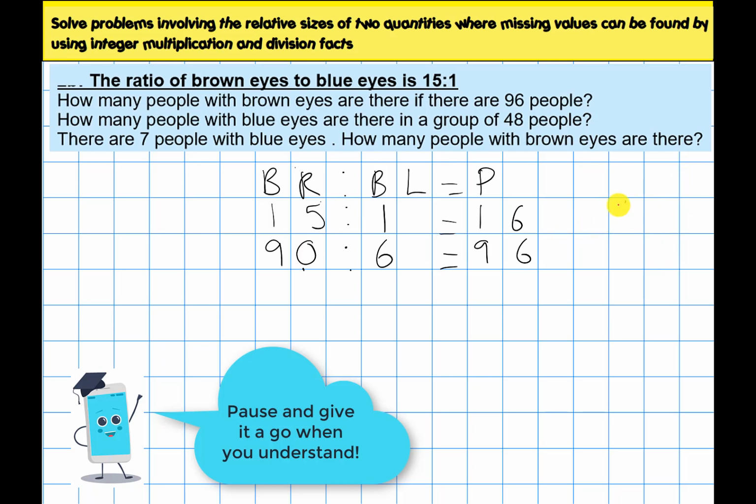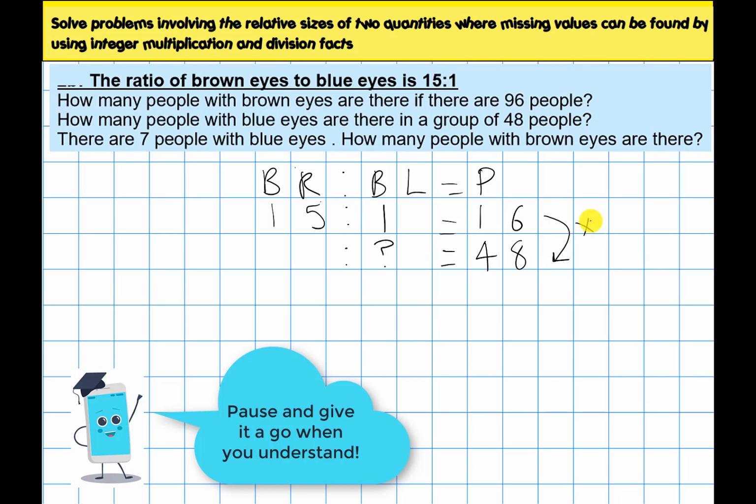Let's look at the next question. Remember to pause when you feel like you want to give something a go by yourself. How many people with blue eyes are there? So, question mark under my blue eyes, in a group of 48 people. So I've got information about how many people again, but nothing about my brown eyes. If I look down, nothing to compare, but I have something to compare here.